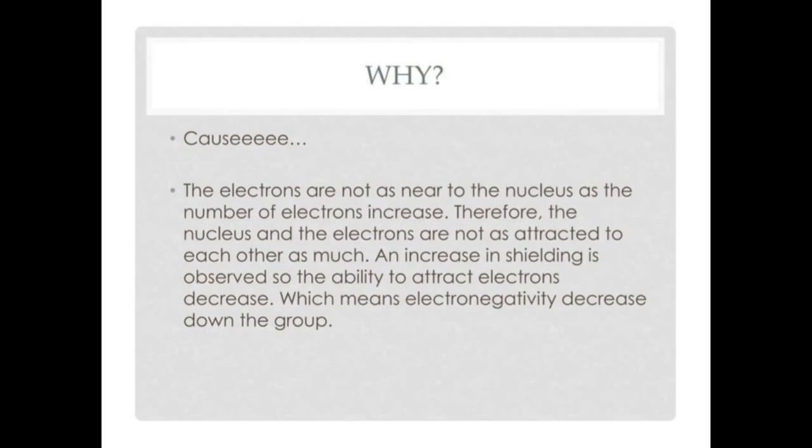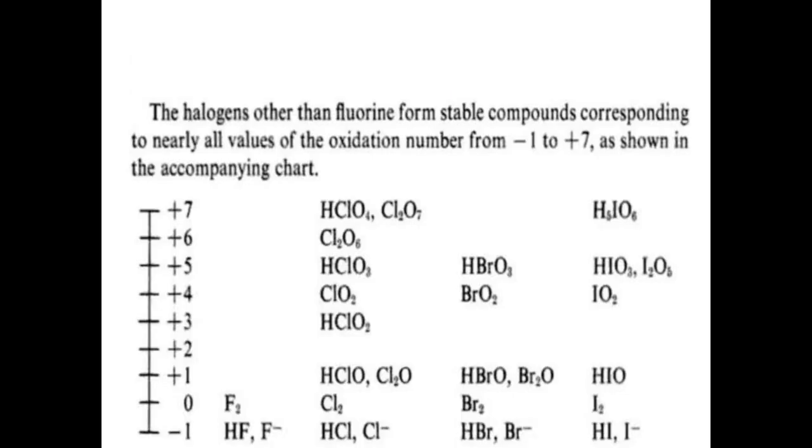The nuclear attraction will decrease, and of course there is an increase in shielding. The shielding effect is observed. So the ability to attract electrons will decrease, which means that the electronegativity will decrease down the group.